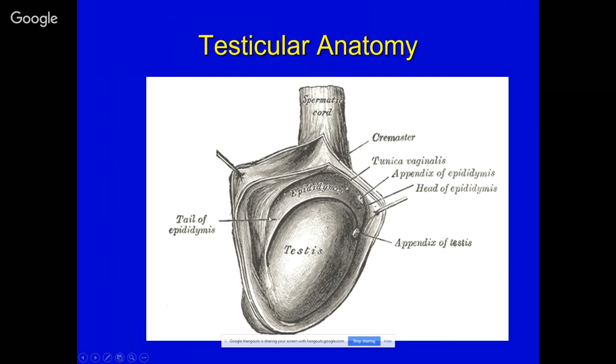Here is the epididymis, and the seminiferous tubules go into the epididymis, and from the head to the tail of the epididymis it turns into the vas deferens, which carries the sperm to the female. Tightly connected onto the testes is the tunica albuginea, and then we have our visceral tunic and our parietal tunic.